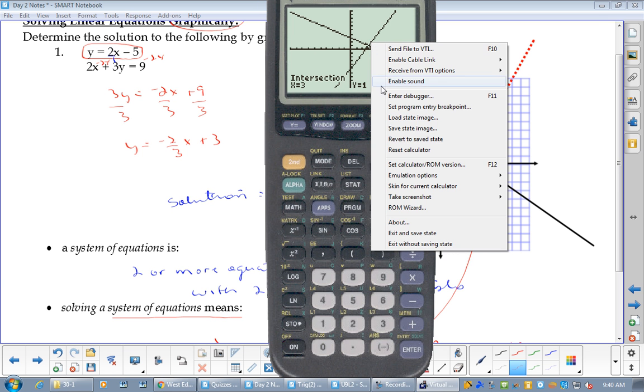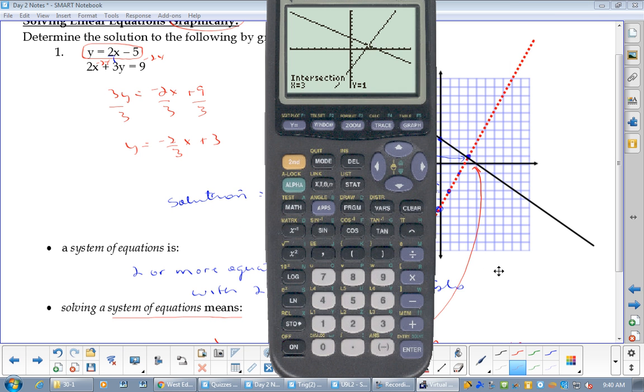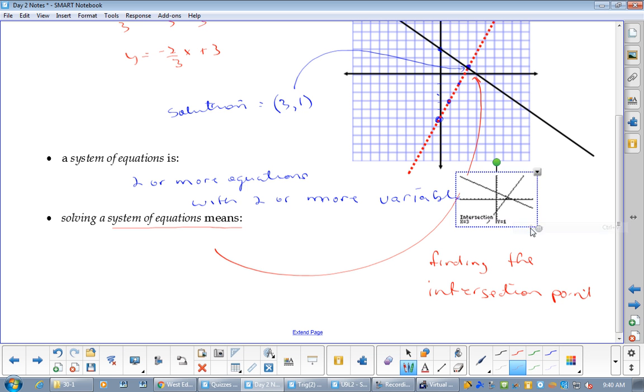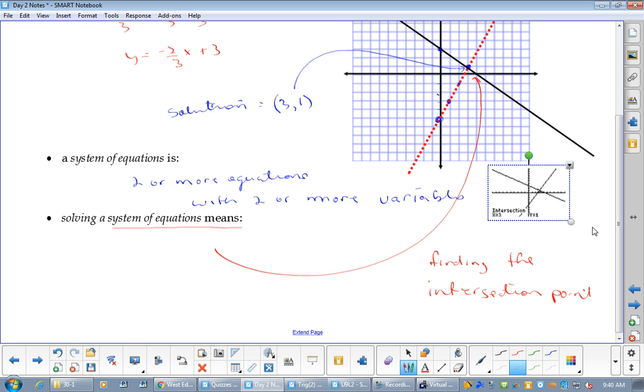Okay, so yes, I want you to do it algebraically, but I also want you to know for sure you got it right by checking it.